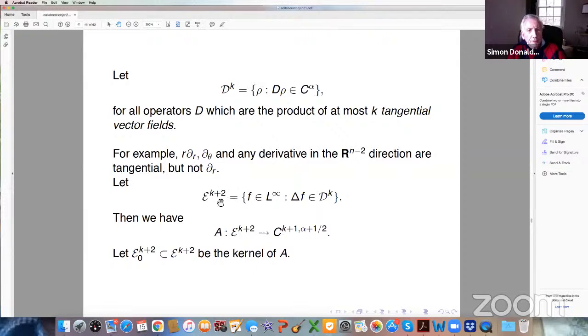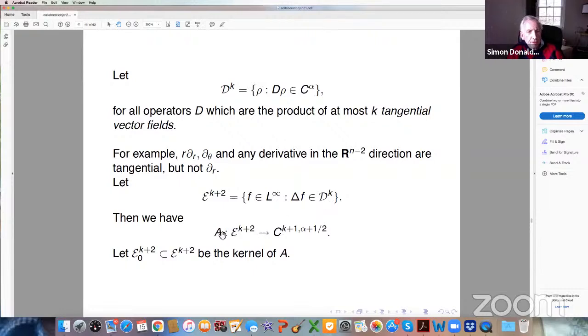So similarly, we define another sequence, which we call E, which is precisely set up so that the Laplacian of a function in E^(k+2) lies in D^k.